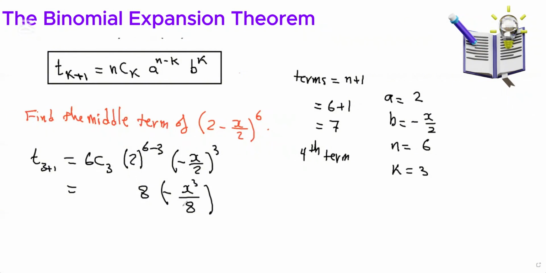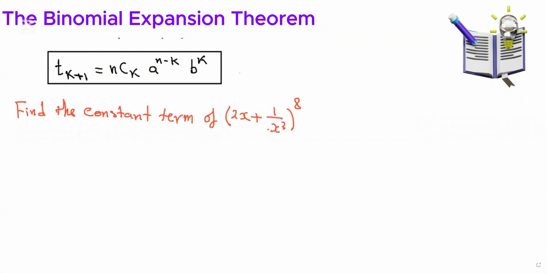And then 6 choose 3 is 20. So basically you have 20 times 8 times negative x cubed over 8. Therefore, the 8's here will cancel. And the fourth term, or the middle term, which is t4 here, will be negative 20 x cubed.